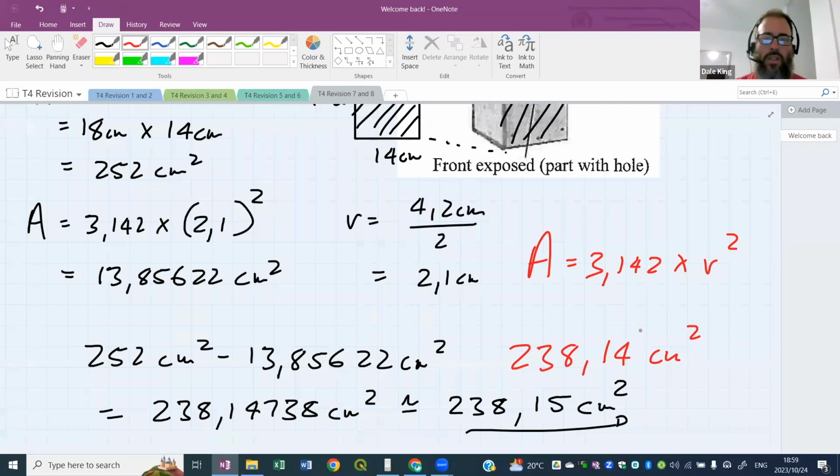But if there's a question that says round this off to 1 decimal place, and the question is specific, and you do that incorrectly, that is the question that could penalize you for rounding, but not in the normal question when you're rounding off to 2 decimal places. If you're getting 238.14 and it should be 238.15, it's fine. You're not going to be penalized over and over again. But if the question is specific about rounding, that's the question where they could penalize you. Maybe you lose 1 mark there.